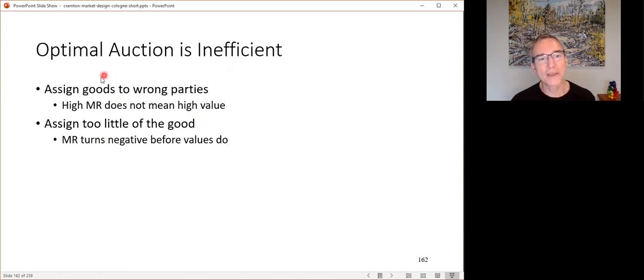But what's really hard for me to do is prevent the winners of the good from engaging in resale when I assign it inefficiently. So this one especially can be undone by the actions of the bidders after the auction. If I do something clever to improve revenues, then they can undo it. And if they anticipate that they're going to undo it, that's going to affect their bidding behavior, which is going to affect what I can accomplish.